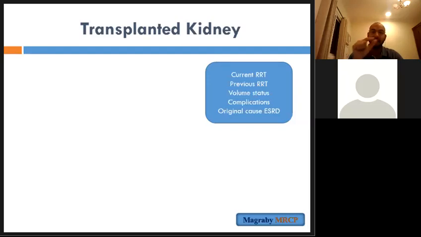You can identify the size of the mass, not tender, palpable, not attached to the skin, about, for example, 5 centimeters by 3 centimeters, like this.